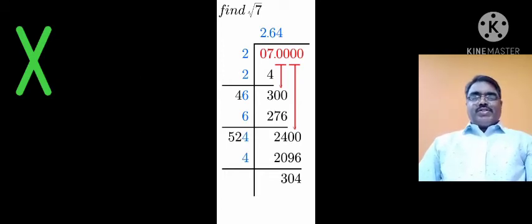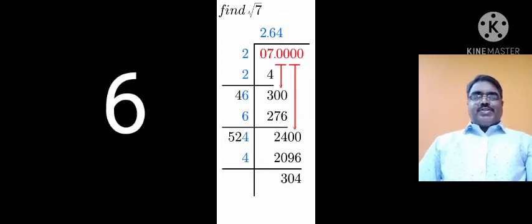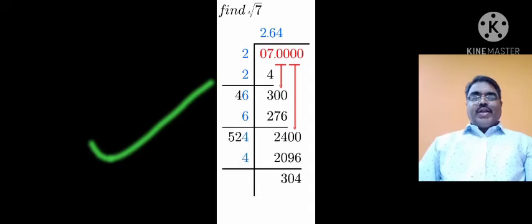Take both of these numbers. 46 multiply by 6, you get 276. If you multiply 47 by 7, you get a number which is more than 300. So here 6 can be taken.